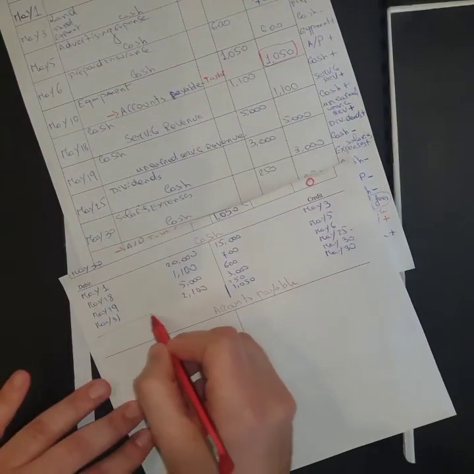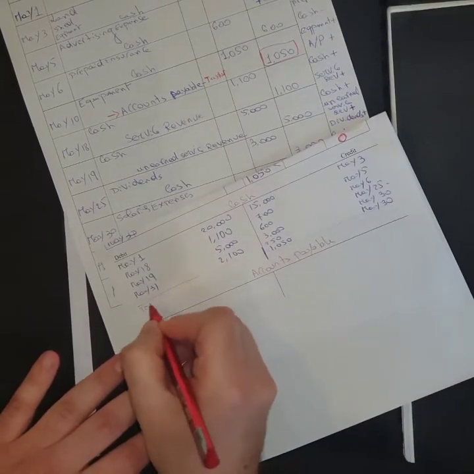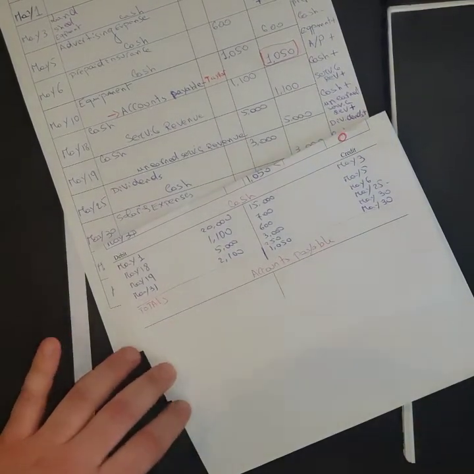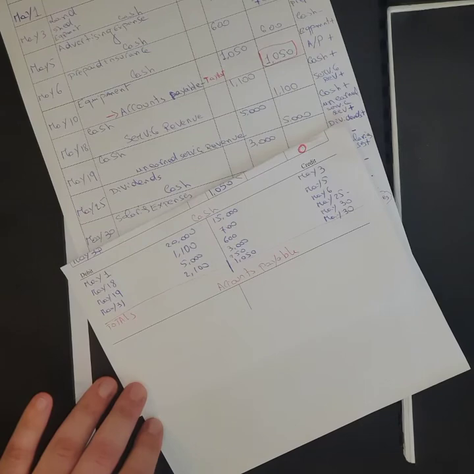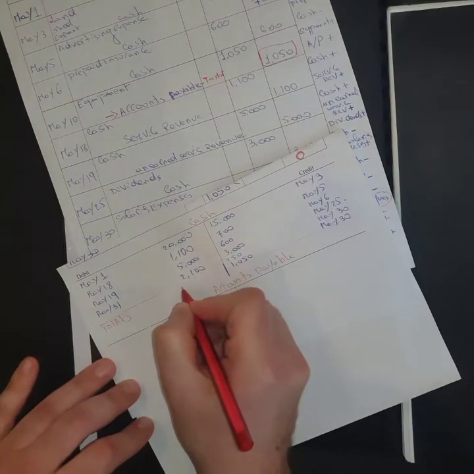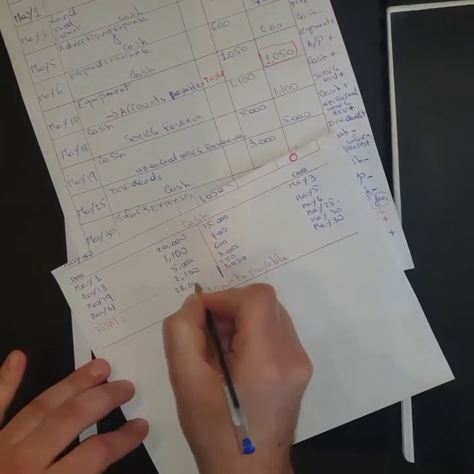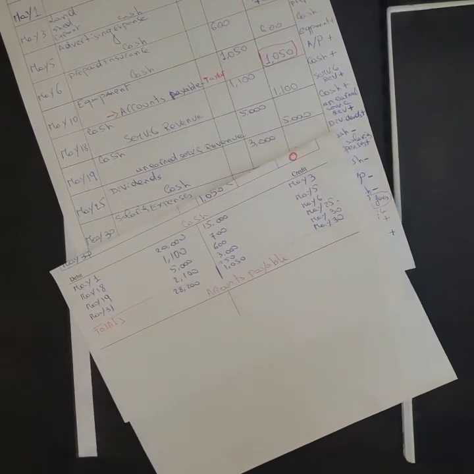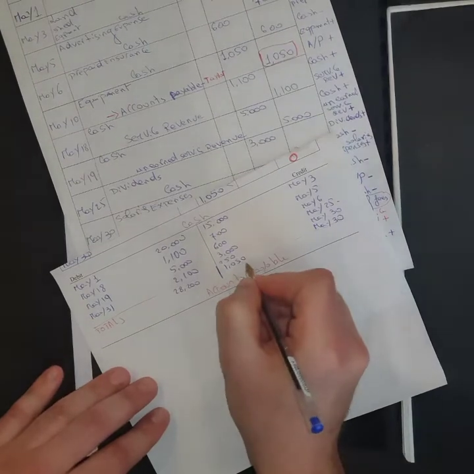Now we have to find the totals of the debit and the total of credit. The total of the debit side is 28,200, and the total of the credit side is 20,600.